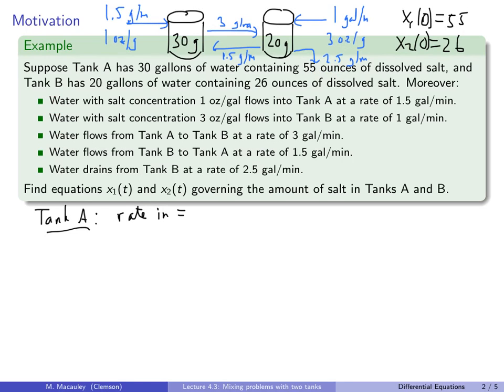So this direction, the rate in is 1.5 gallons per minute times x2 of t ounces per gallon.